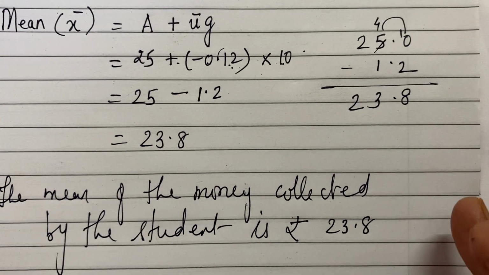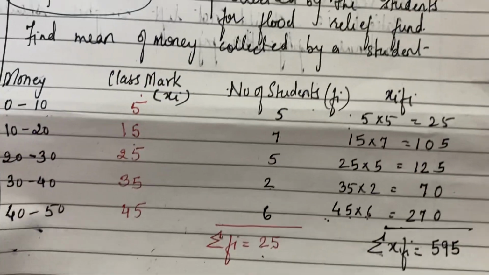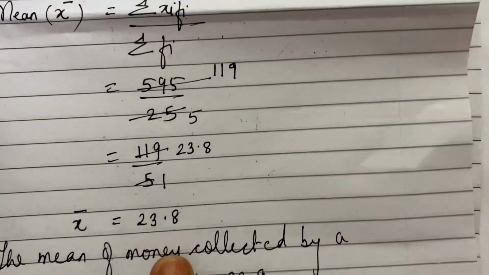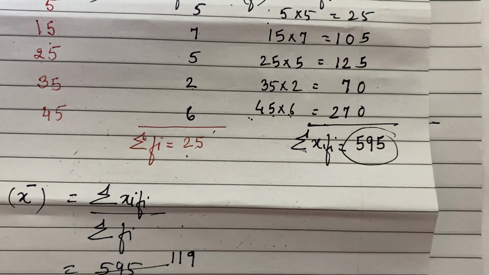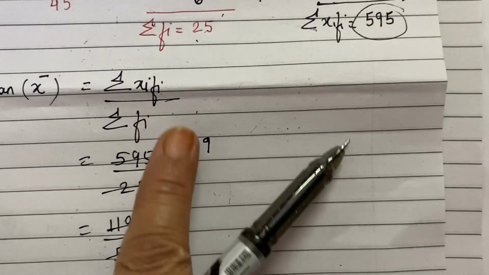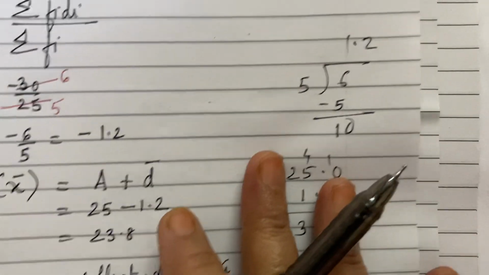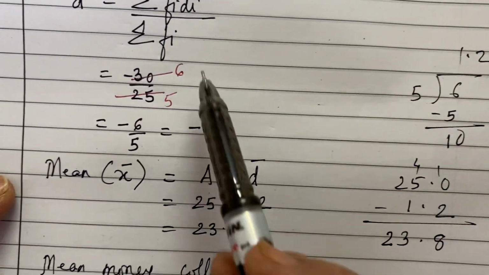Now, this was the direct method that we did. If you remember, in the direct method, we took summation of xi into fi. We got the value as 23.8. Now see the scores that you got. The sum you were getting was bigger, so the calculations were becoming big. When you did it by the assumed mean method, your calculations got simplified. Here it was 595, here it came to negative 30.